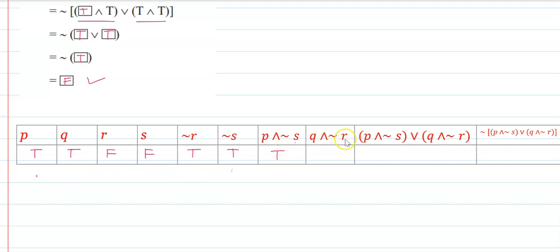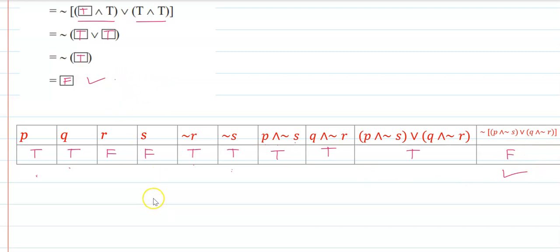Next, Q and negation of R, again true. Then we need the OR of these two, and you will get true. And overall, we need the negation, and then you will get F. And both are the same.